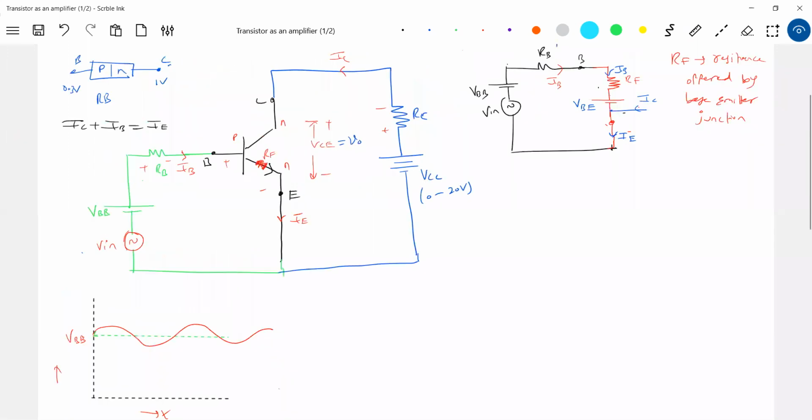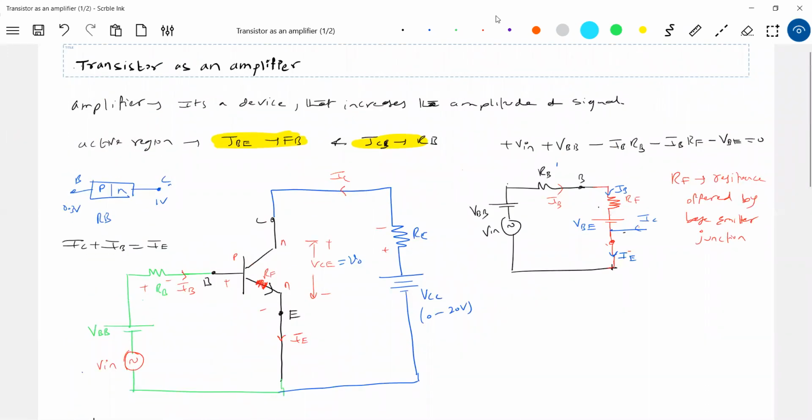So I'm going to differentiate this now. Let me differentiate: delta V in, minus delta VBB, minus delta IB (RB plus RF), minus delta VB equal to 0. The barrier potential will be fixed, so which quantities will cancel out? This will be a constant, so this delta V in will be 0.